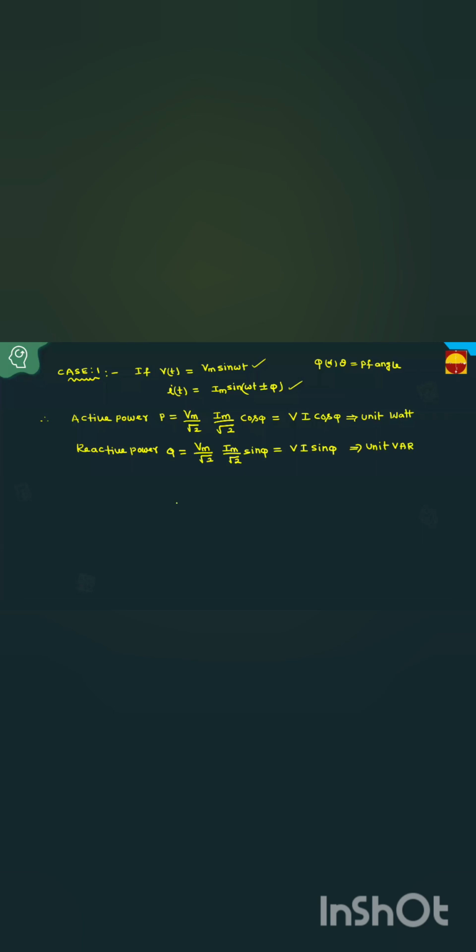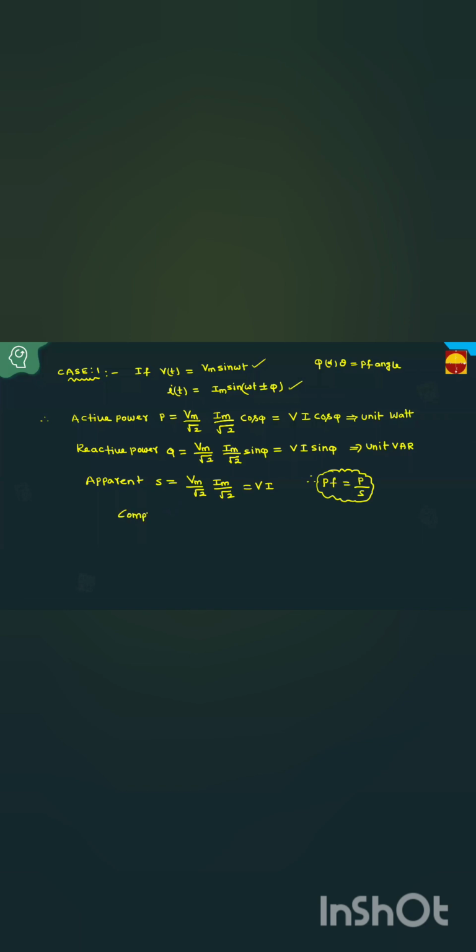Next, how to calculate apparent power? The apparent power S equal to Vm by root 2 into Im by root 2, that is VI. Then how to calculate power factor? Power factor equal to P by S. All of you well know this.